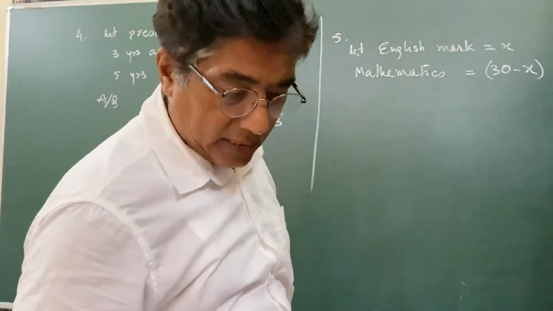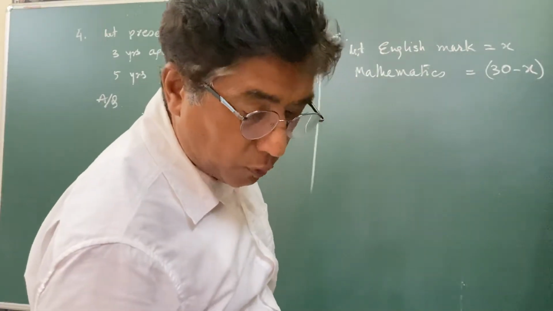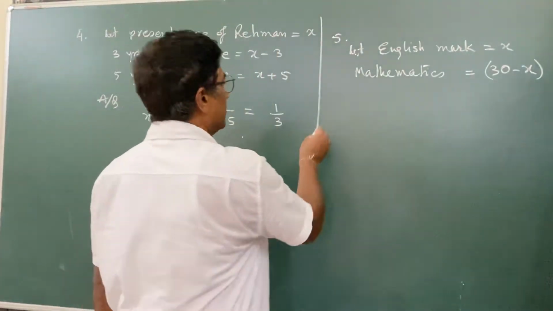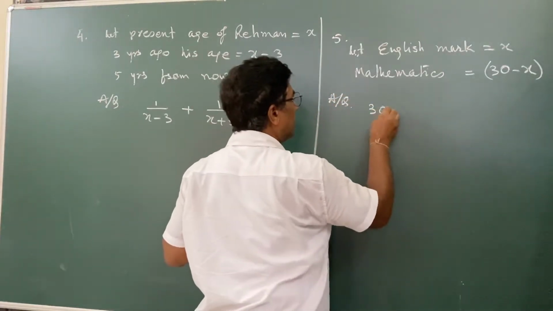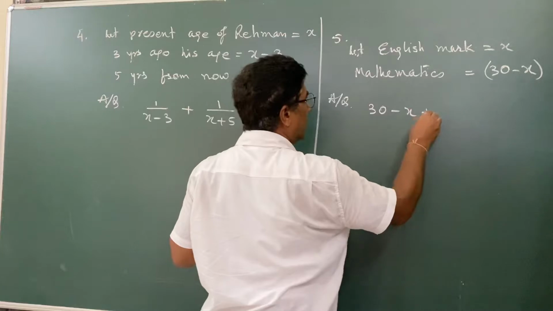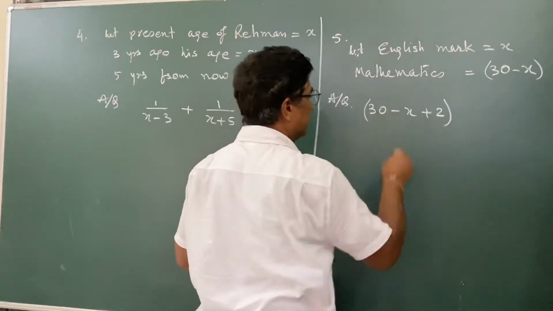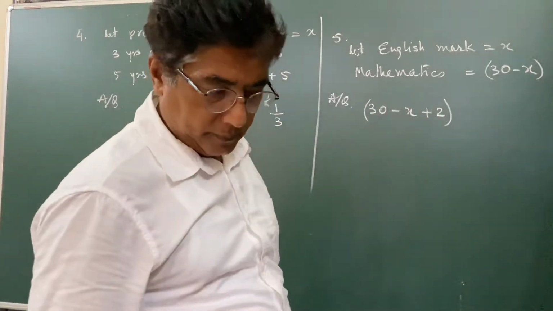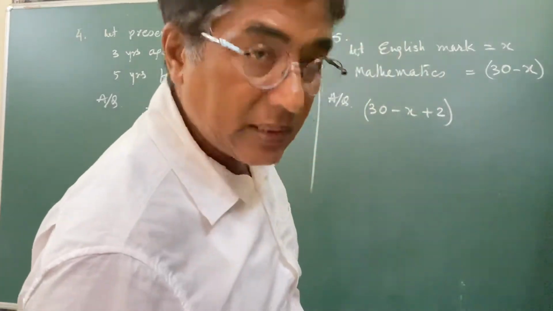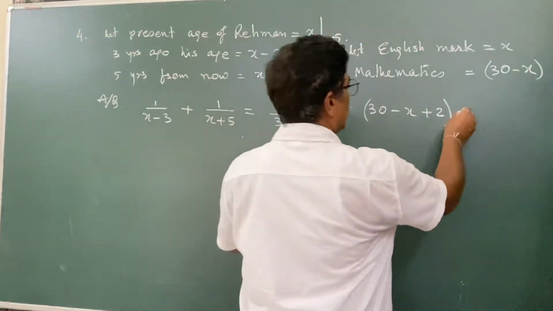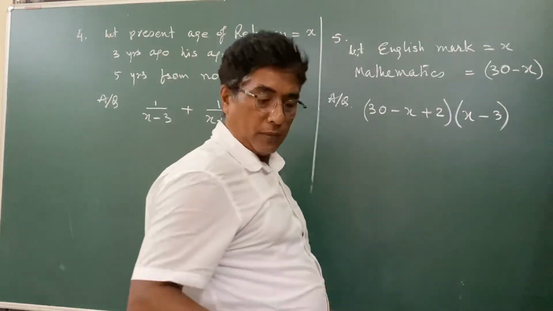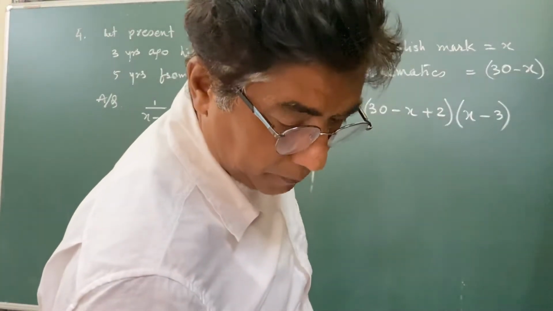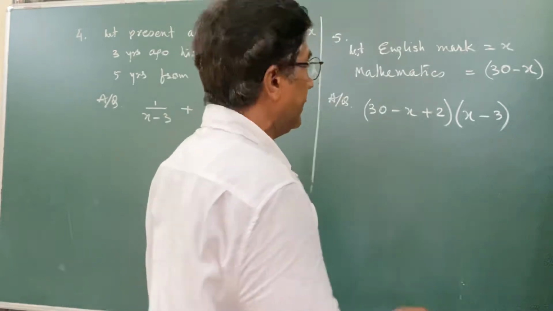Now the thing is, had she got 2 marks more in mathematics, so according to the question, what they are saying, had she got 2 marks more in mathematics, okay, and 3 marks less in English, the product would have been 210.